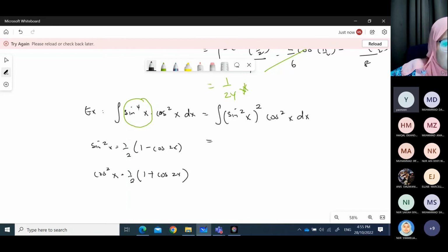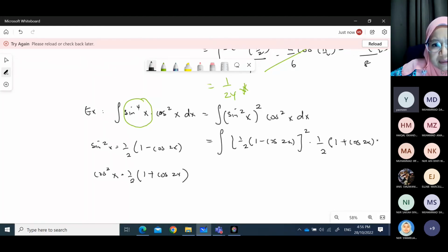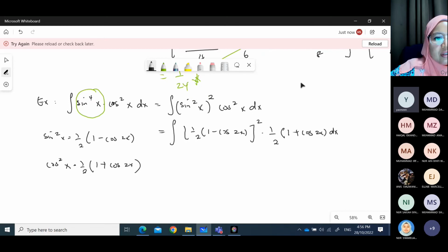And then you apply identity 1 over 2 times 1 minus cosine of 2x power of 2 times yang ini dah boleh apply saja 1 over 2 times 1 plus cosine 2x. Okay, and mesti kena ada dx.